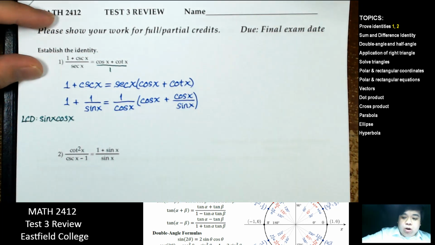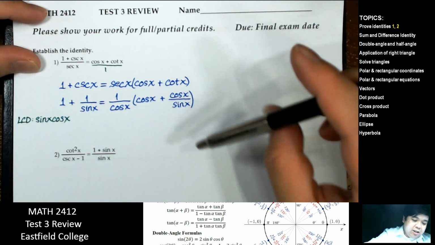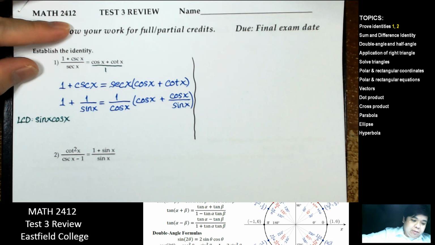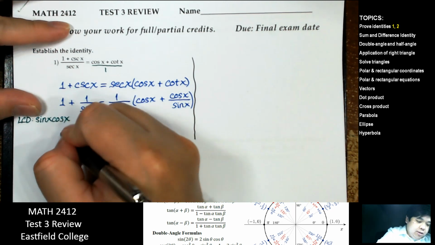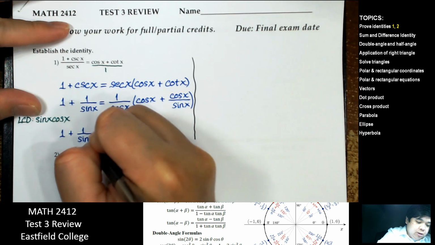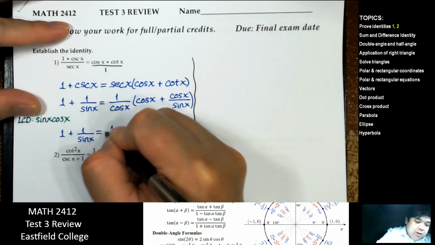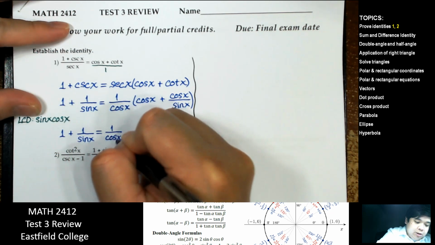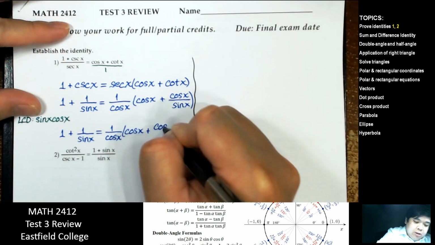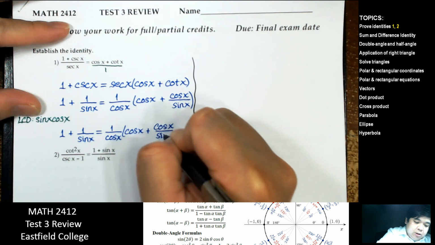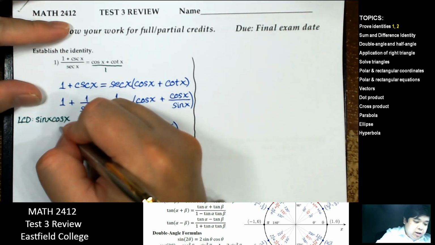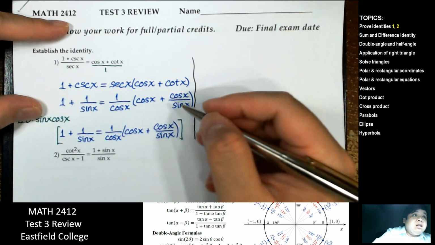And we're going to multiply both sides like that. So multiply both sides by sine x cosine x.